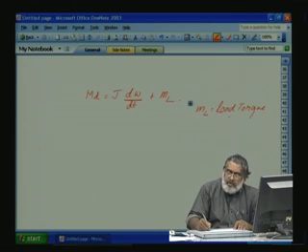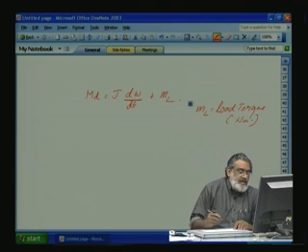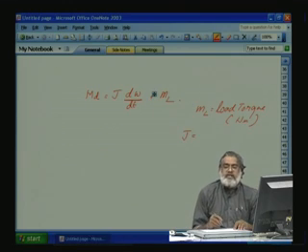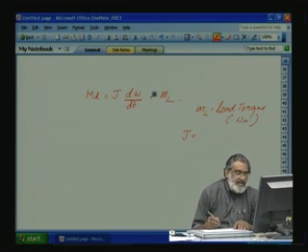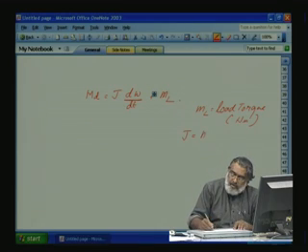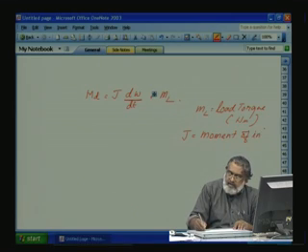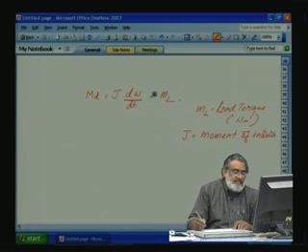This is in Newton meter unit. J, how to find out the J? We have studied in the initial classes, moment of inertia of the whole system. J is equal to moment of inertia including the load, the complete system.